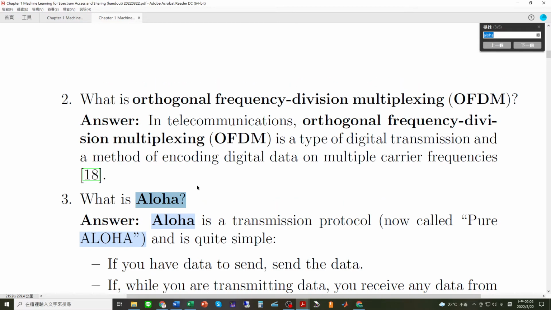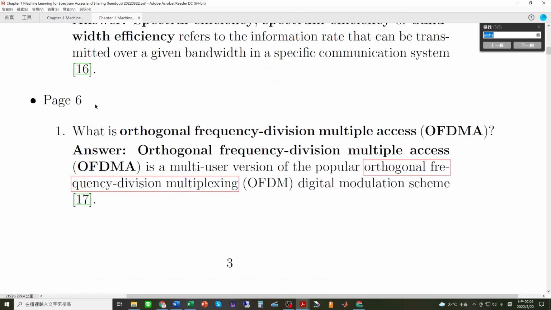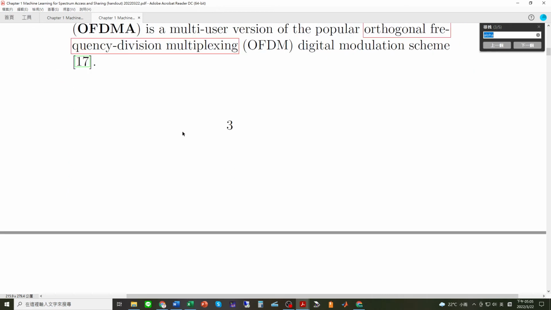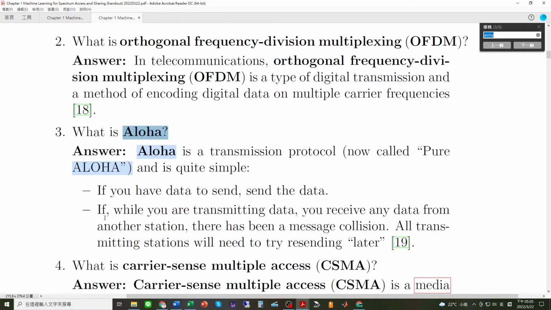What is Aloha? This is a problem on page 6. So if you forget what Aloha is, please review this problem and answer.